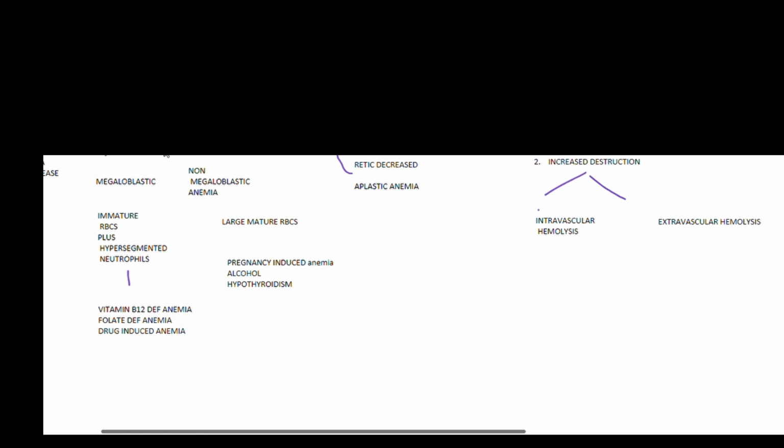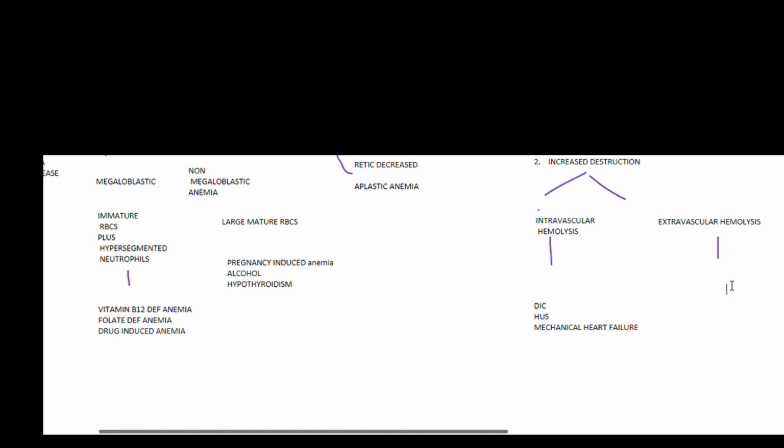So the intravascular hemolysis includes DIC, disseminated intravascular coagulation, hemolytic uremic syndrome, mechanical heart failure.